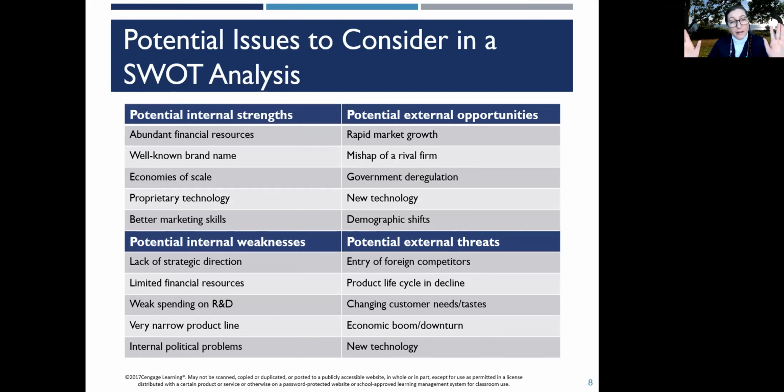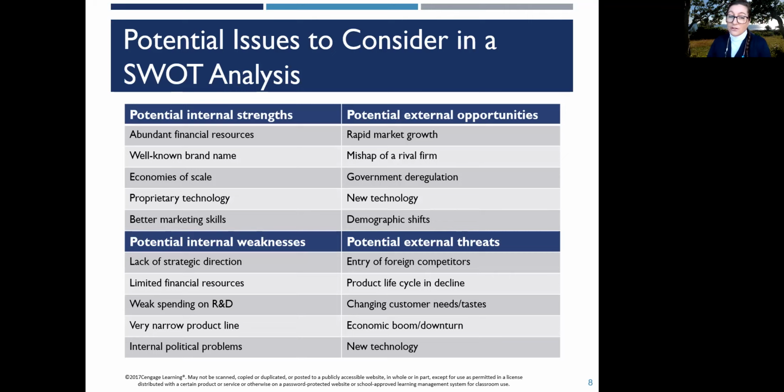Generically for whatever organization you're operating in, when you're looking at identifying strengths, look at your financial resources, look at your brand name, look at economies of scale, proprietary technology, and how well do you do at marketing. These are standard internal strengths that hopefully are there. In terms of weaknesses, what's going on with the strategy?